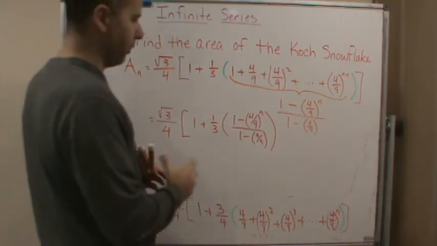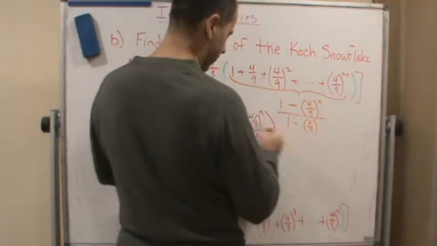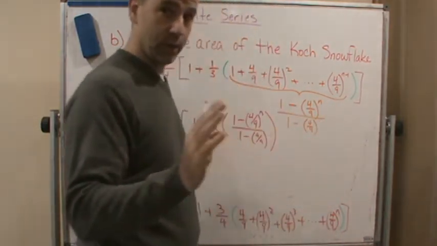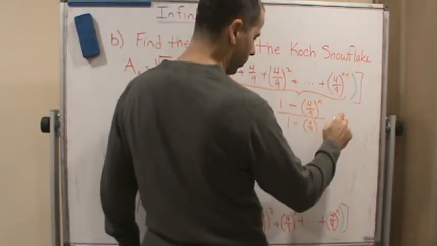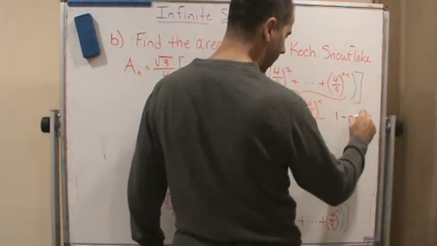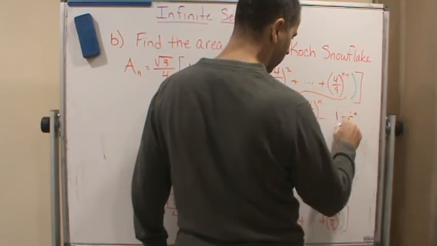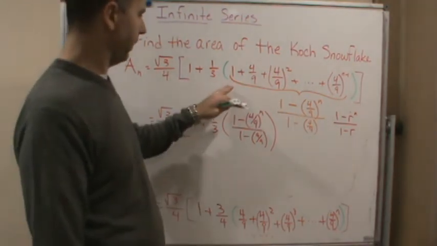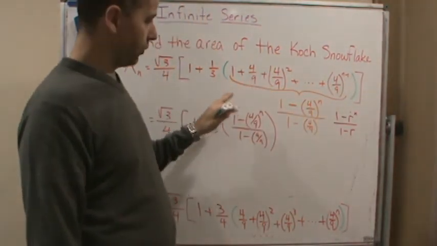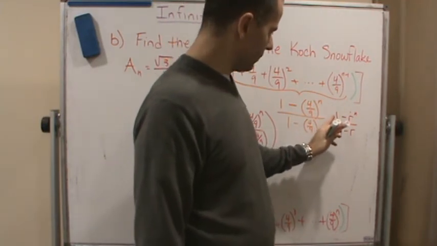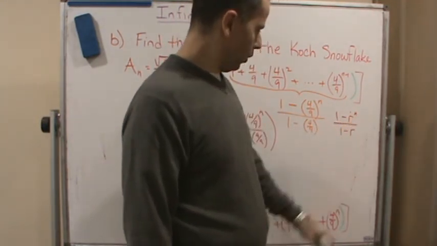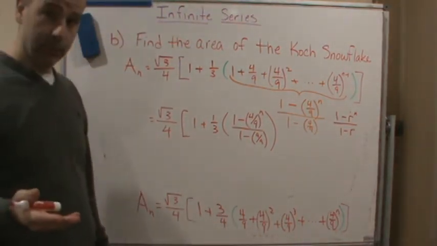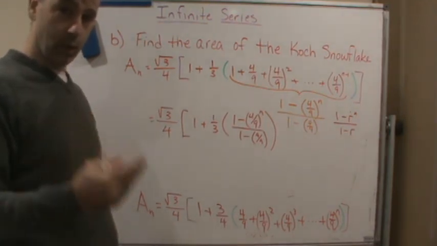Now remember, this came from the geometric sum earlier. Just to remind you, the general form when we were talking about geometric sums before was 1 minus r to the nth power over 1 minus r. That's where this is coming from. So don't forget, this is a geometric sum. And then we asked, is r less than 1, or is it greater than or equal to 1?